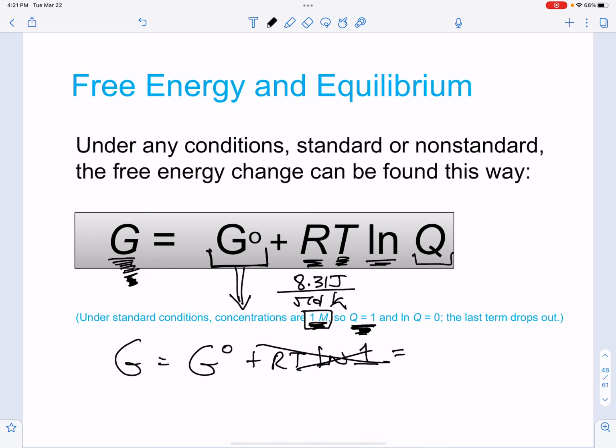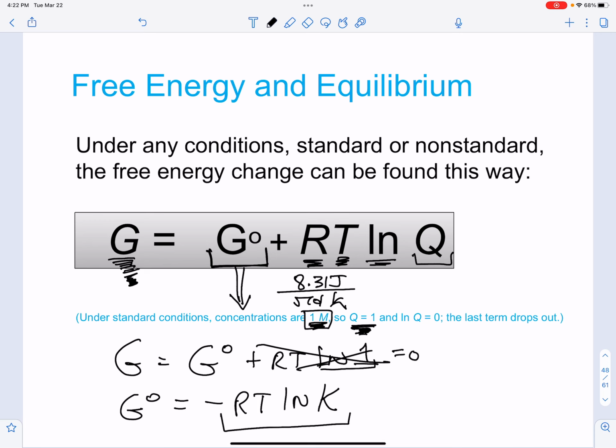And G standard is going to be equal to minus RT ln K. So at standard conditions, these terms drop because now we are dealing with equilibrium.